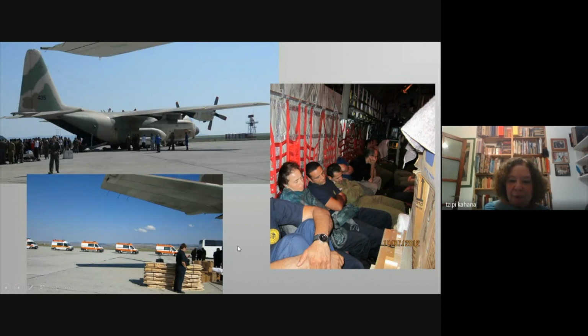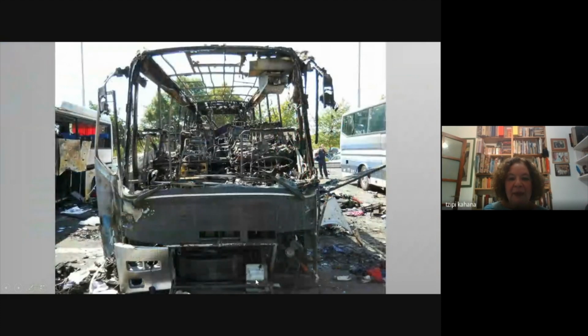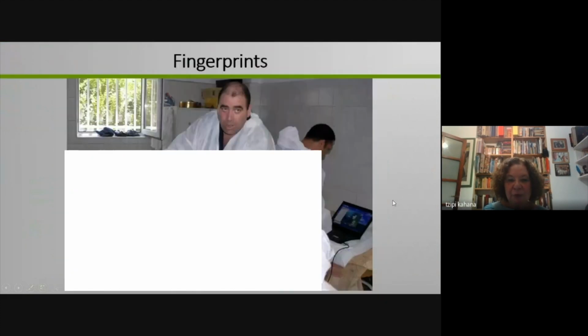But the important thing was to evacuate the wounded, and as we arrived, they dropped the DVI team and with ambulances put all the wounded on the Hercules and sent them to Israel, and we remained in Burgas trying to do the identification of the mortal victims.